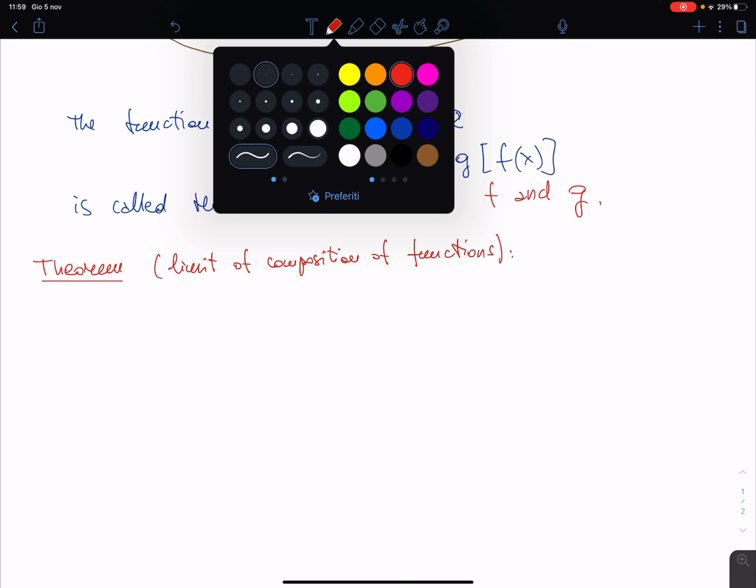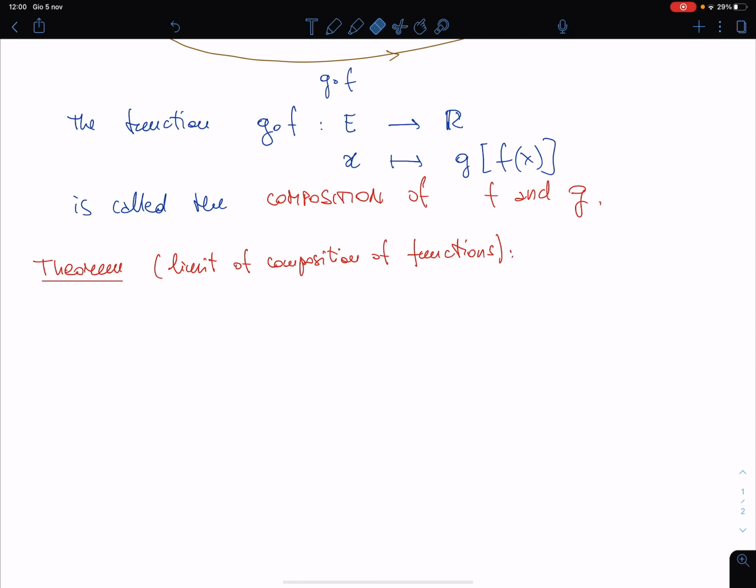You consider a point x bar in DE, so an accumulation point of the reals and of the set E, and then the limit for x going to x bar of f of x is L, and L is an accumulation point for the image of f, and since the image of f is a subset of capital F, this is also an accumulation point for F.